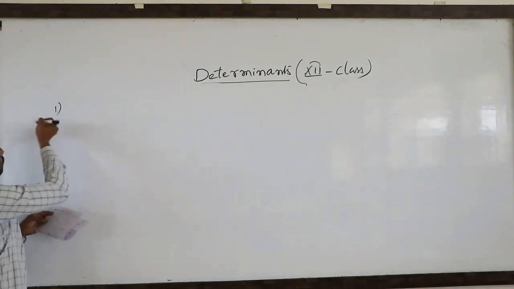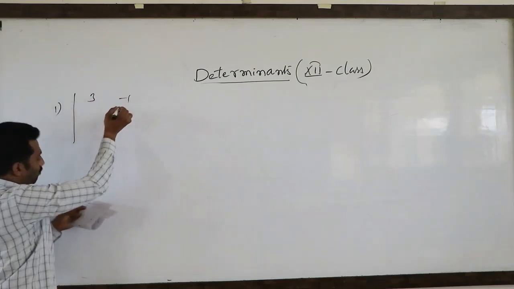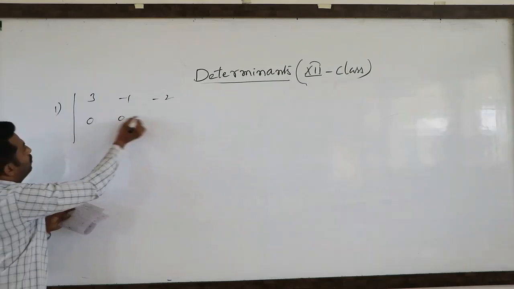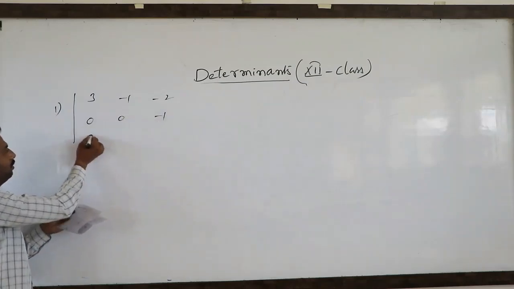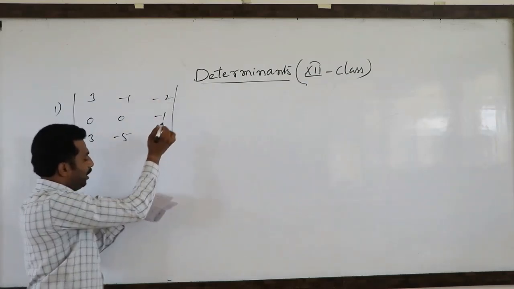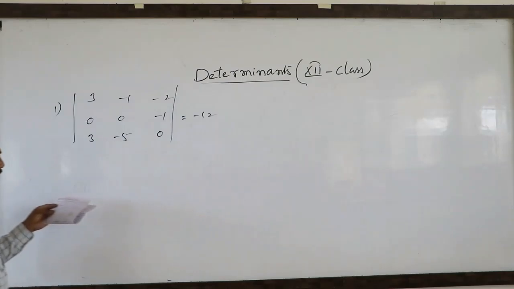So first question, determinant of 3 minus 1 minus 2, 0 0 minus 1, 3 minus 5 0. I am writing the answer also, minus 12. You have to check.